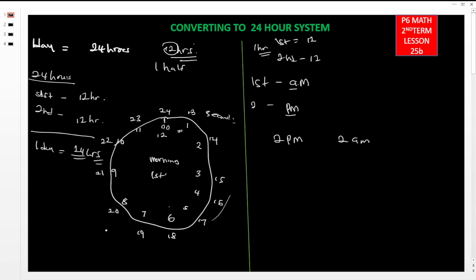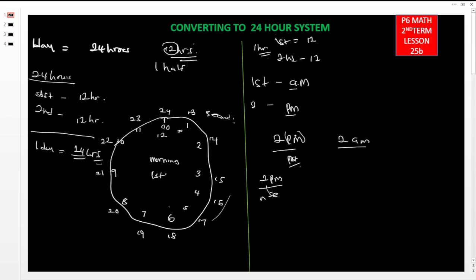If you find this one, how will you understand whether it is from the first half or the second half? The moment you see PM, meaning post, meaning after, it means this 2 is taken after the first half. It is in the second half, meaning after the morning, then the afternoon.